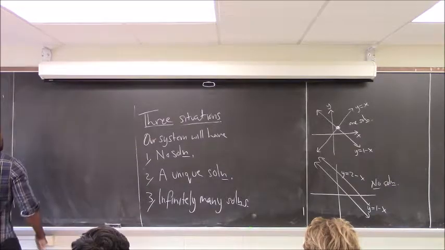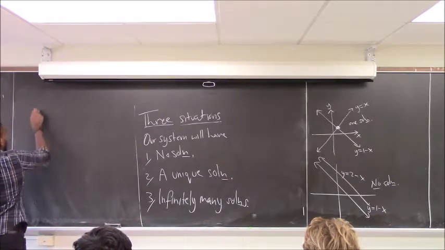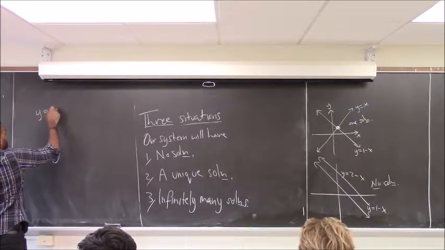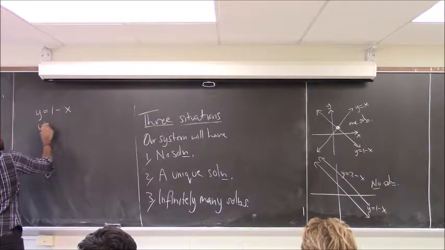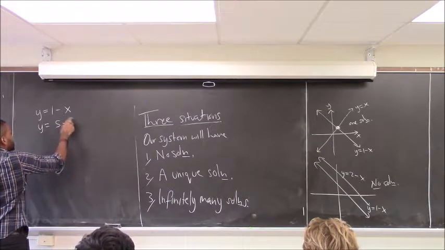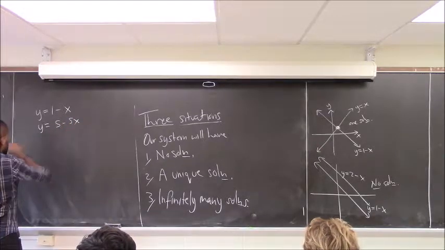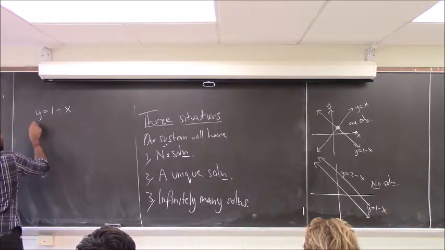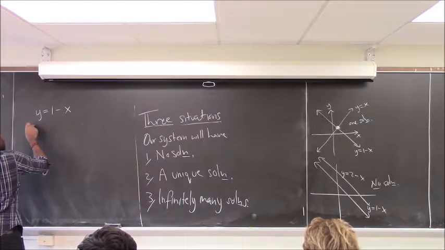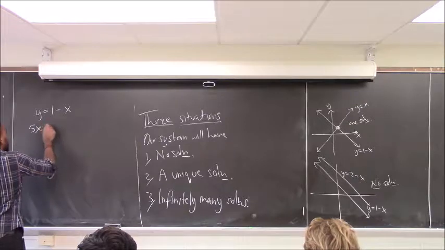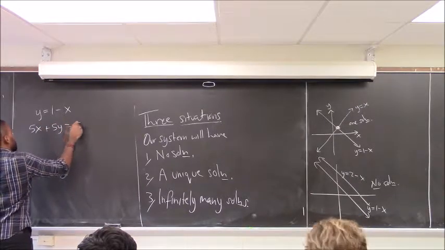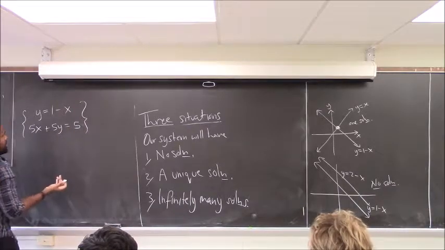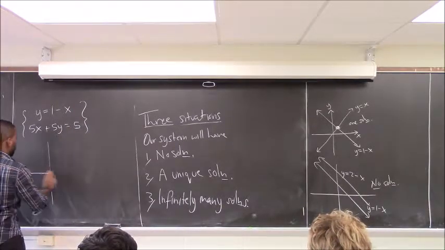Or you can have something like y equals 1 minus x, and y equals, say, 5 minus 5x. Let's write it a little bit differently: 5x plus 5y equals 5. And some of you would of course notice that's actually the same line, because it's just reduced by 5.